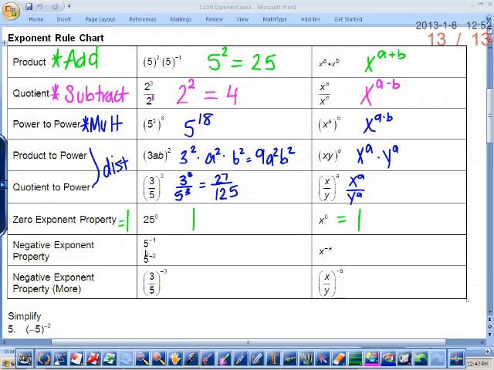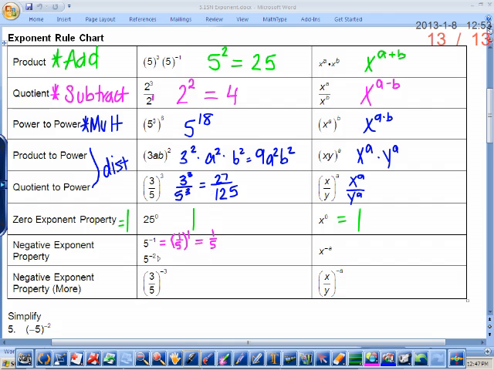You can think about taking the base and taking the reciprocal of it. So the reciprocal of 5 is 1/5. And then the exponent becomes positive once you flip the base. And 1/5 to the first power is just 1/5. Okay?